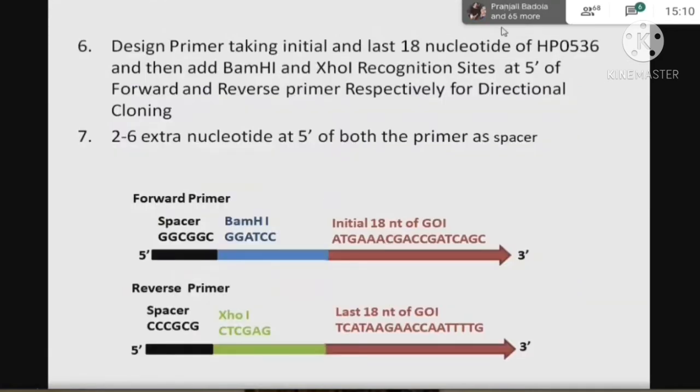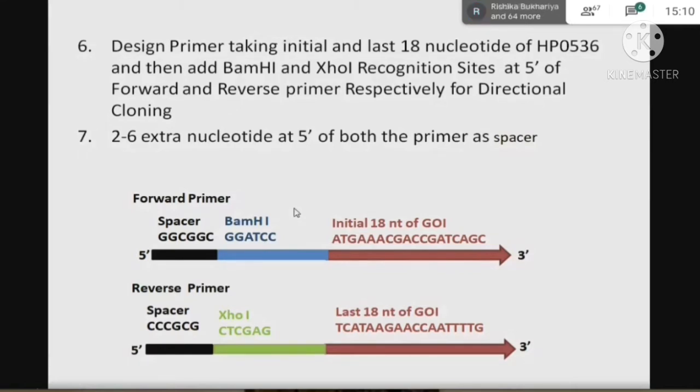After that, we design a primer. Design the primer taking the initial and last 18 nucleotides of the gene, whatever gene you have; 17 or 18 nucleotides you should take. Then you can see this is the initial, this is the last, this is the reverse primer, and this is the forward primer. Here you add restriction enzyme sites. Which restriction enzyme should you add in the forward?